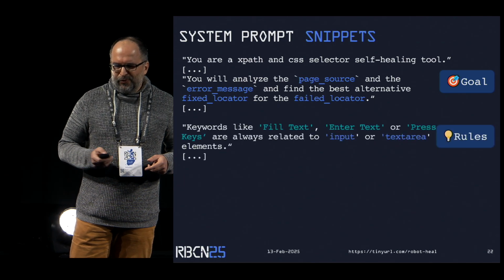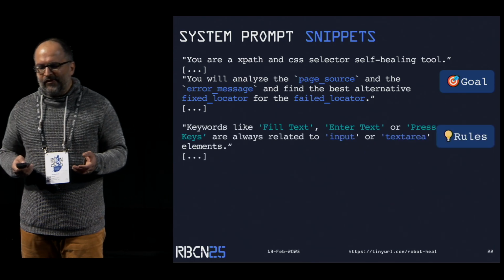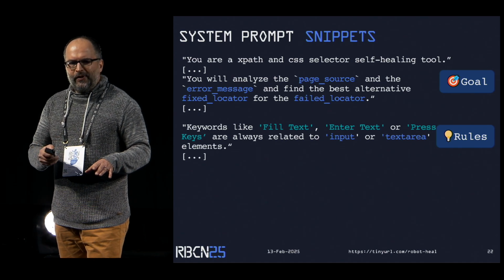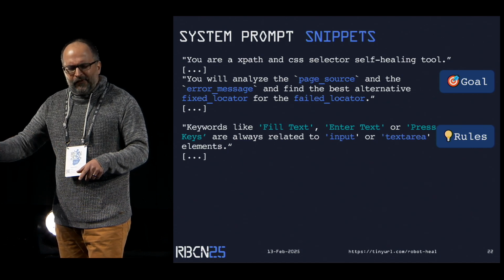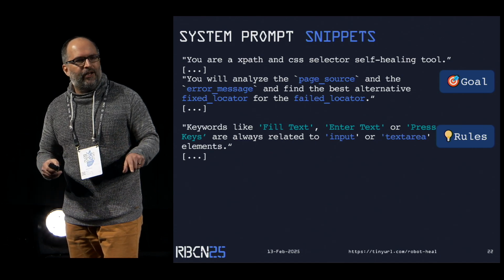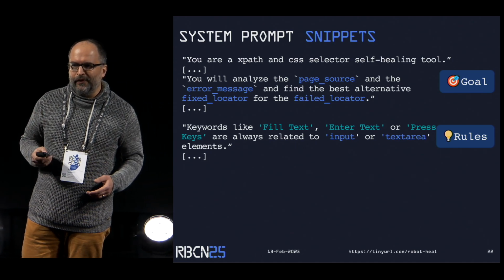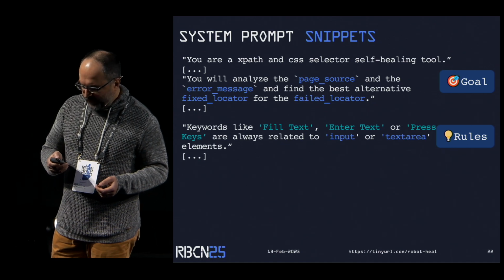But that's not enough to solve it, so I'm trying to give some more rules or hints. I'm saying, hey, for keywords like Fill Text, please return me the input elements. Don't return me buttons or links or something. Just return me the input elements, because this is where I can fill text into. So I'm trying to give it some more information on how to solve that problem.